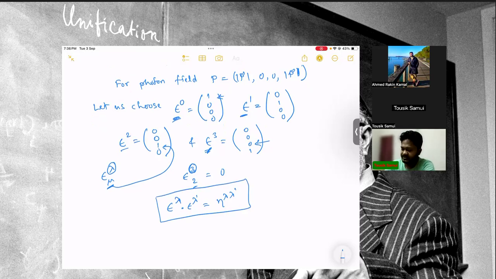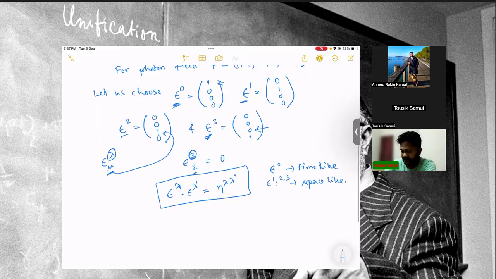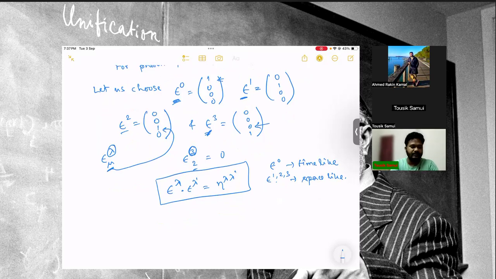This is just like the orthonormal condition we chose, but slightly different. Here it basically says that epsilon 0 is a time-like vector, but epsilon 1, 2, 3 are space-like.